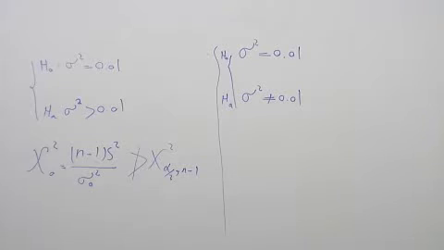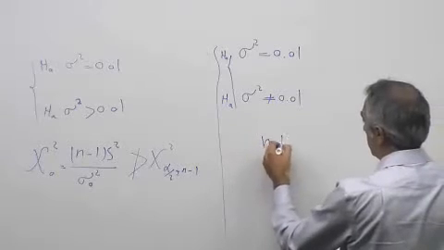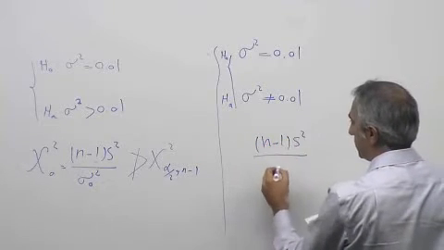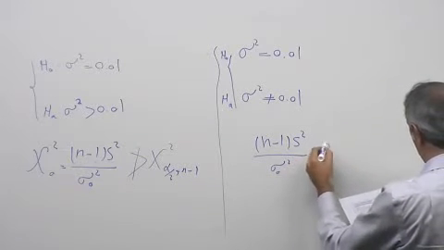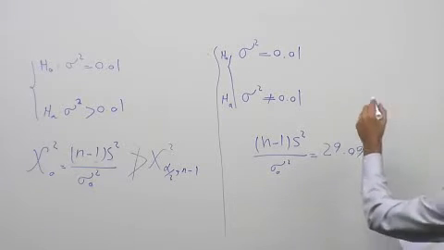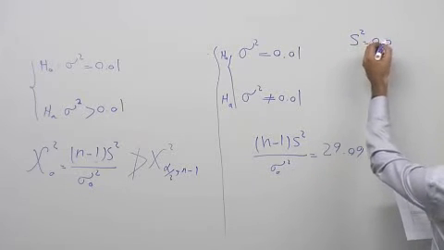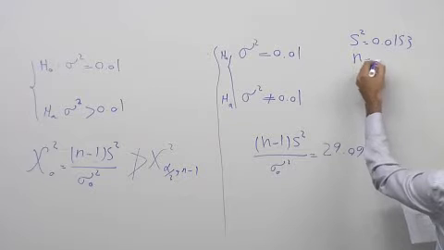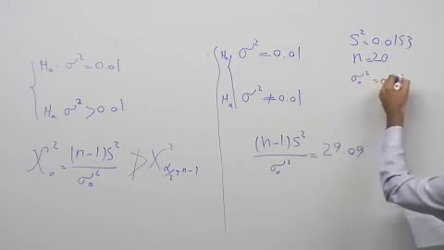So first of all, we need to calculate the CDF of your test statistic. So your test statistic is n minus 1 s squared divided by sigma 0 squared. In this case it is 29.09. Okay? Because you have s squared equal to 0.0153, your n is 20, and your sigma 0 squared is 0.01.